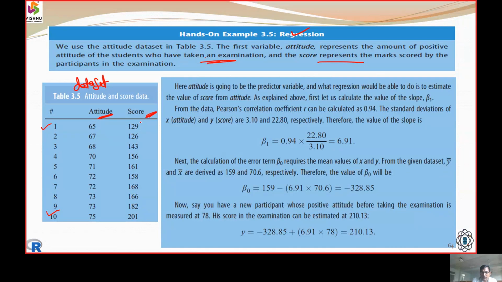The attribute we are going to call a predictor value.